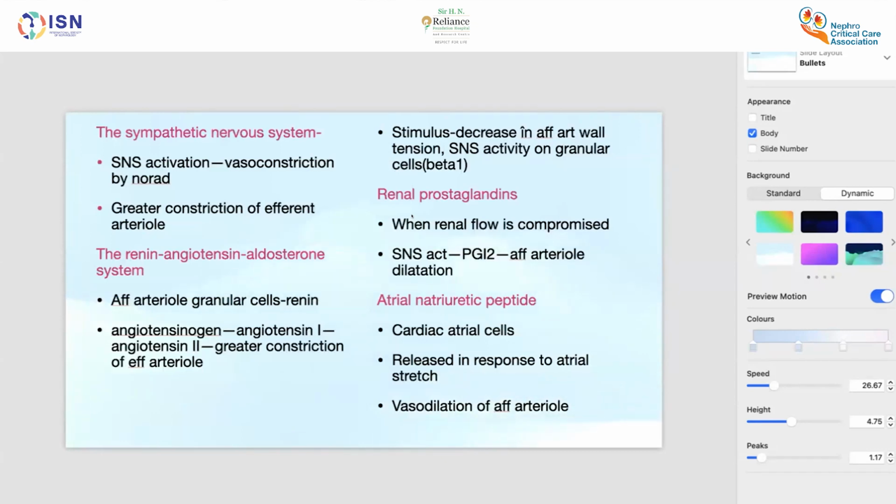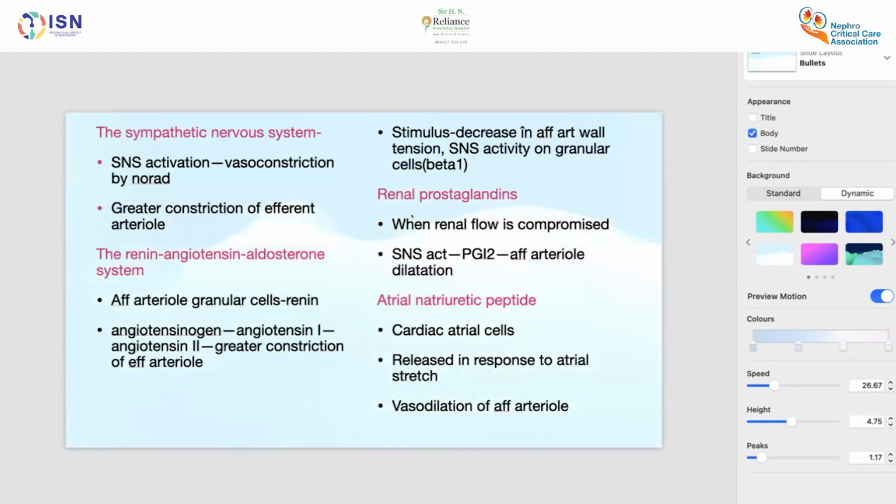In the renin-angiotensin-aldosterone system, granular cells of the afferent arteriole in the juxtaglomerular apparatus secrete renin. Renin causes angiotensin 1 conversion to angiotensin 2, which causes greater constriction of the efferent arteriole.